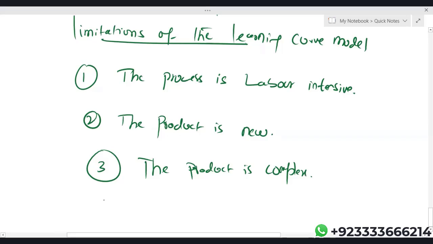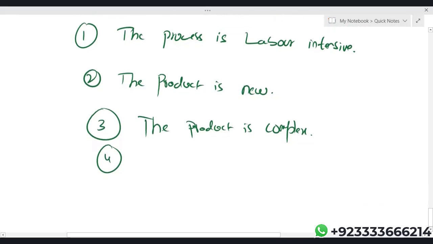Another limitation is production is repetitive and there are no breaks in production. Learning curve will be effective if production is repetitive and there are no breaks in the production. If there are breaks in the production, then the utility of learning curve will be very limited.